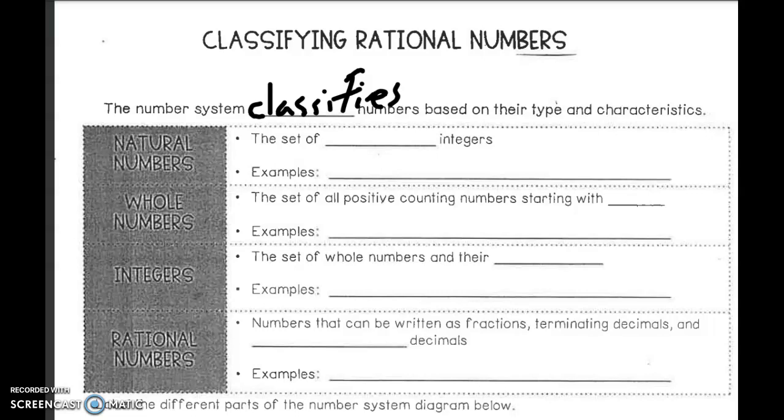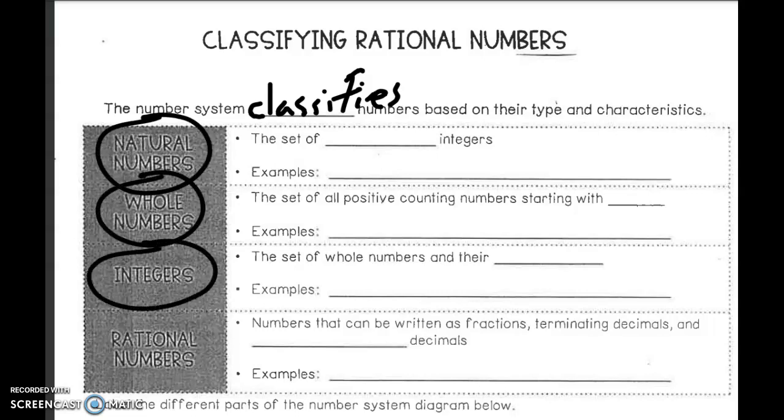Now we're really looking at 4 main ones, and that's natural numbers, whole numbers, integers, and rational numbers, which we already talked about. Okay. So the set of natural numbers is also called counting numbers. So that's numbers that you learned first when you learned how to count, 1, 2, 3, 4, and so on.